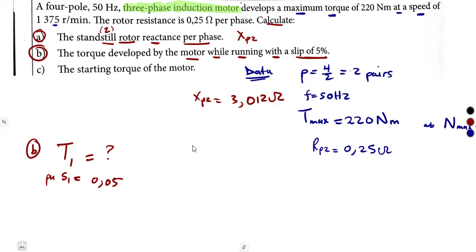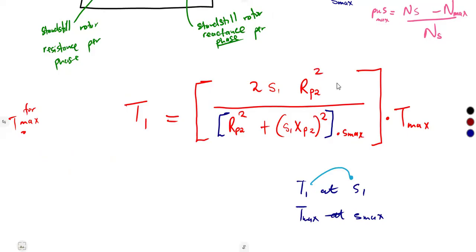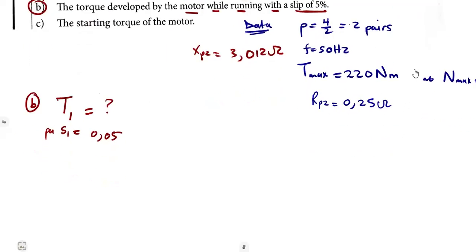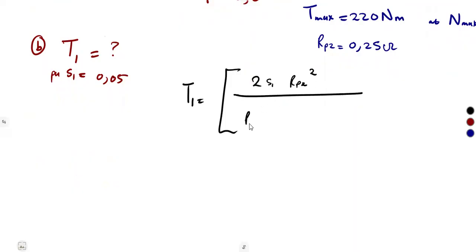On your formula, just going to take your formula as it is. We say that our T1 is equivalent to what? It was just a matter of substituting, guys, into our formula. The whole of our formula is going to be 2 S1 Rp2 squared over what? We're going to have the same Rp2 squared plus, that's the same here, S1 Xp2 squared.